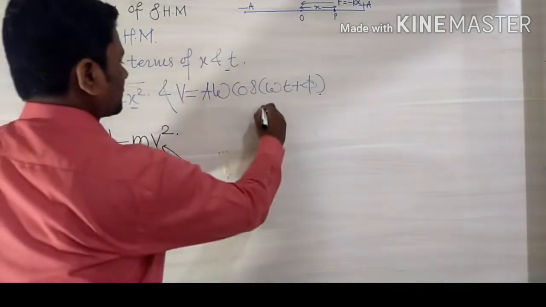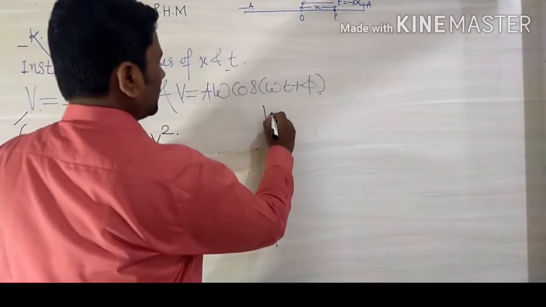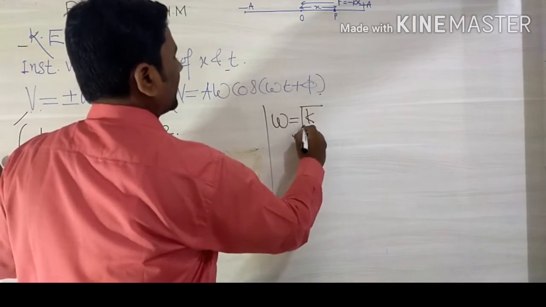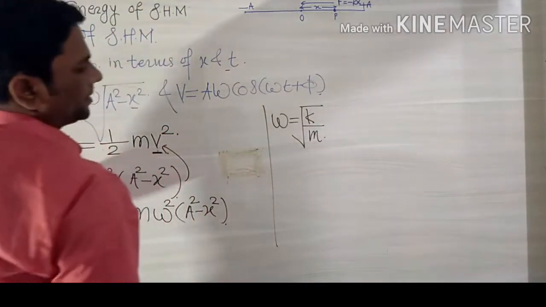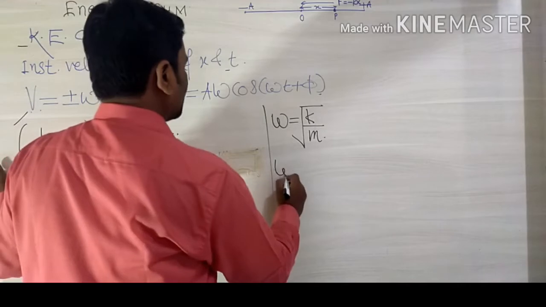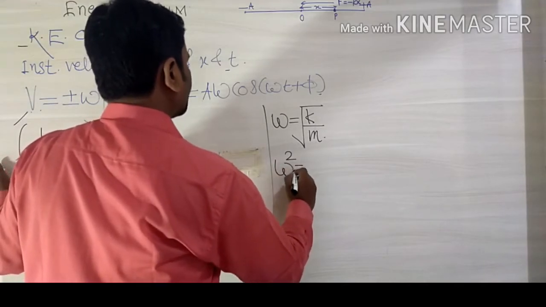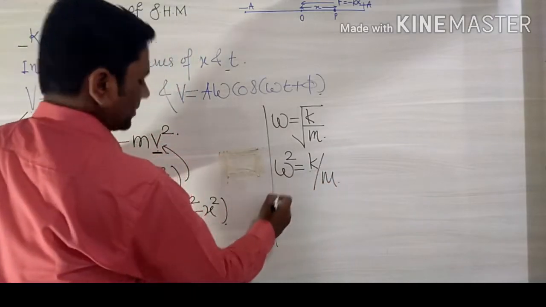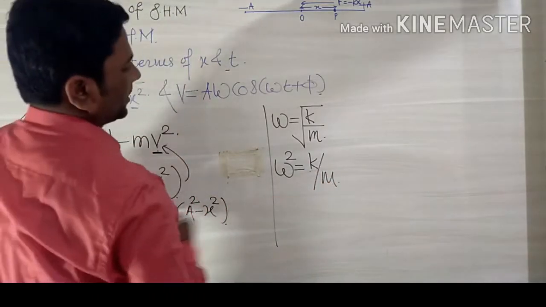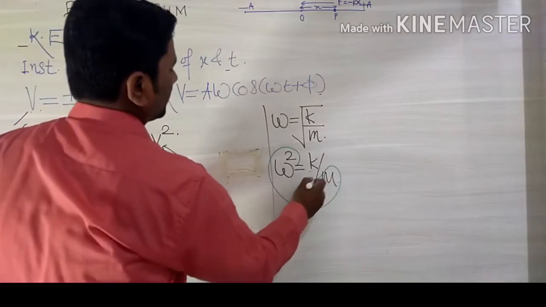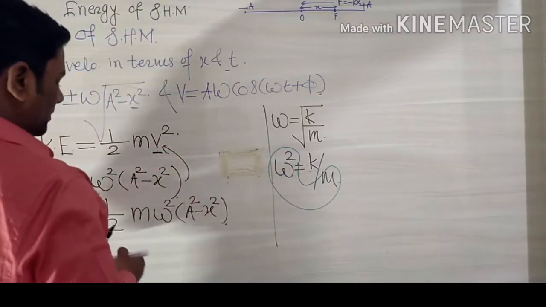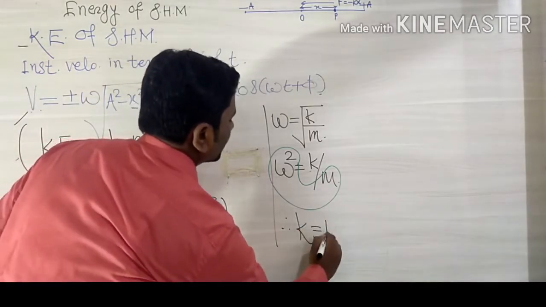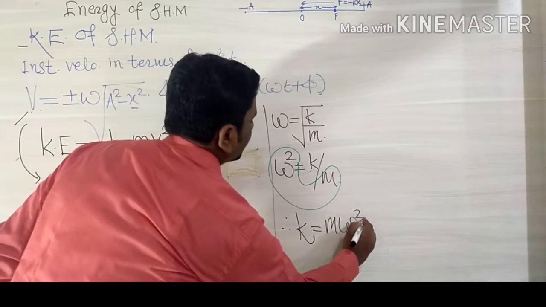We know that omega is equal to under root of k divided by m, called the angular frequency, or omega square is equal to k upon m. By this we get k is equal to m omega square.